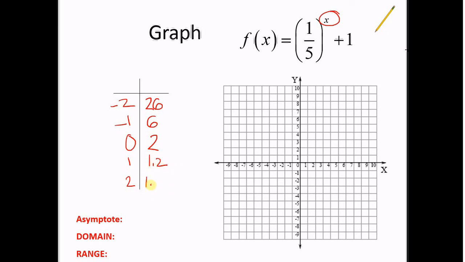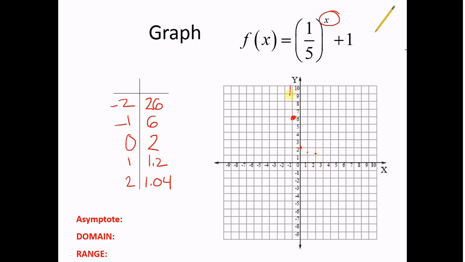And 2 is 1.04. Let's graph that puppy. So I have -2, 26, -1, 6, 0, 2, 1, 1.2, and 2, 1.04.